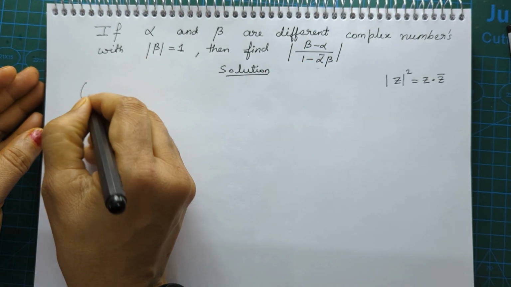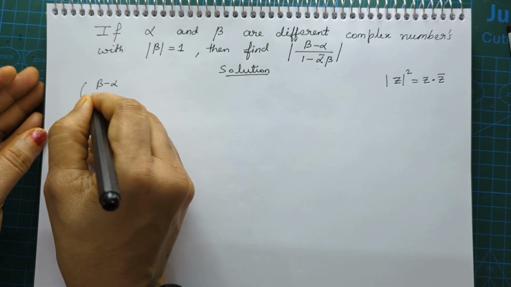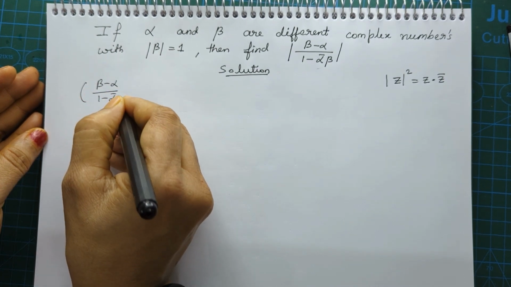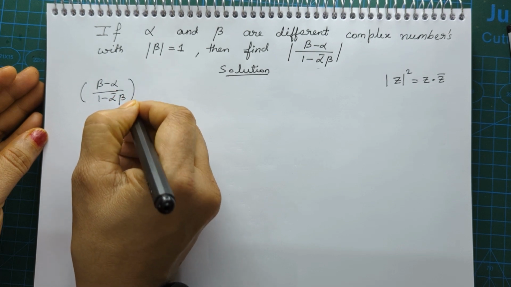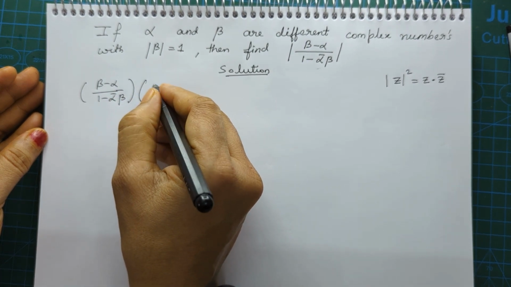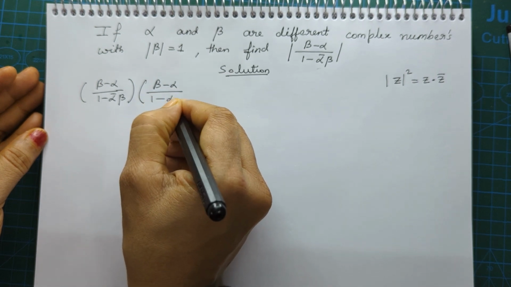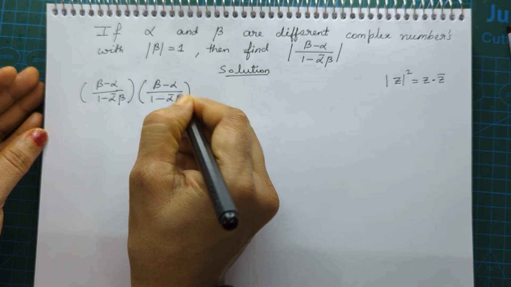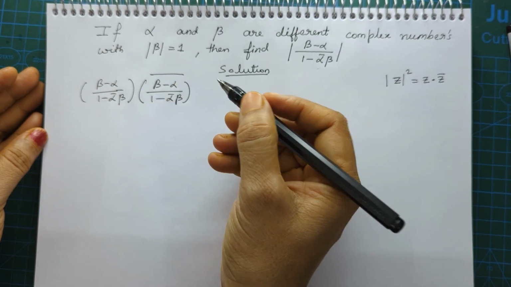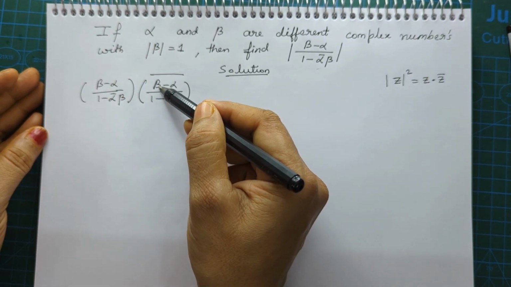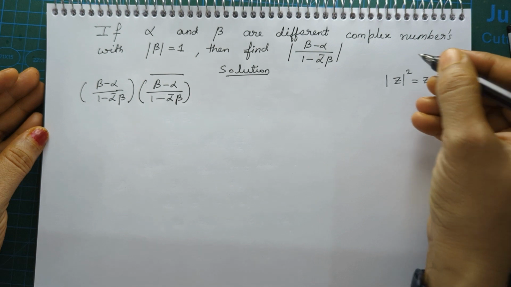So starting with beta minus alpha by 1 minus alpha conjugate beta. This is the first complex number times its conjugate. That is beta minus alpha by 1 minus this, and its overall conjugate. Overall conjugate means this conjugate will go to the numerator as well as denominator.